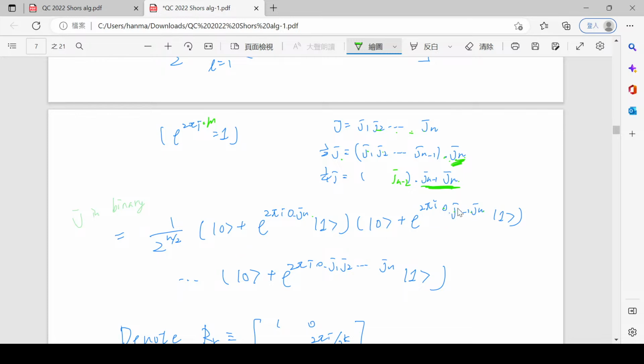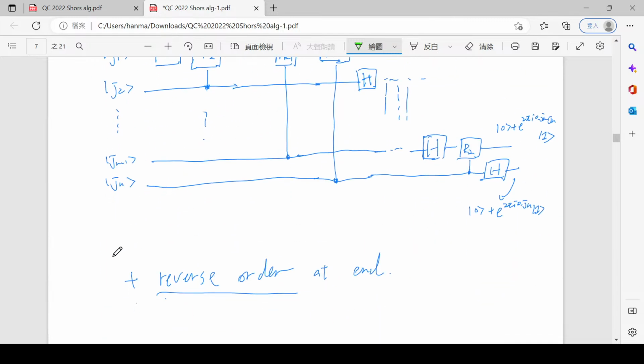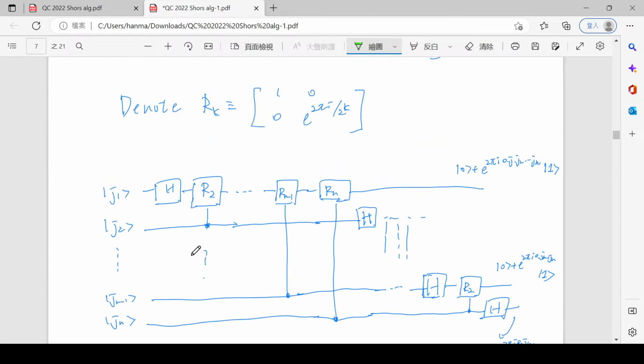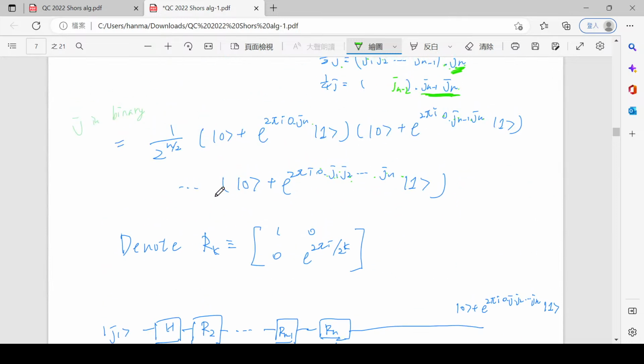Then you get one more digit for every increment of l, and all the way until l equals n, then you have everything here. You have this 0 dot J1, J2, dot dot dot, to Jn. Okay? And then we claim that this, okay, so this is the end of the proof.